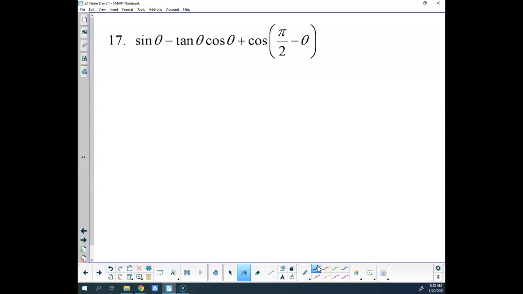So sine is sine. Tangent cosine is sine of theta over cosine of theta times cosine of theta.